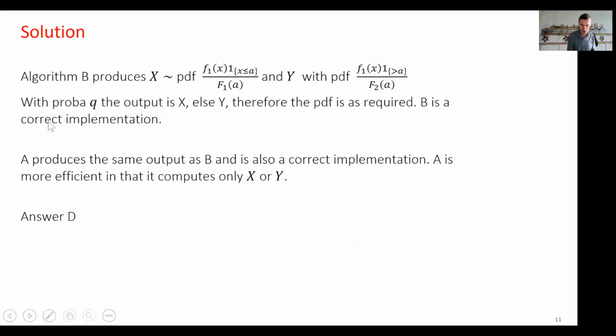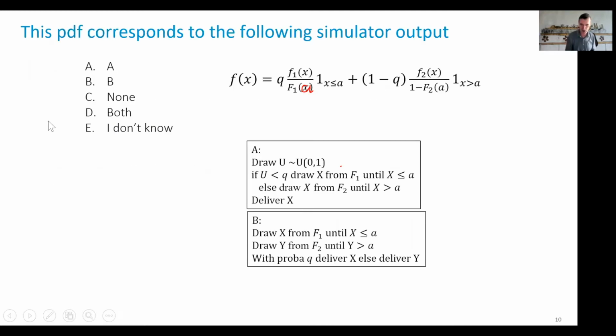Incidentally, algorithm A, let's look at this algorithm. So A draws X until F, which provides exactly this PDF, etc. A does something similar, but first draws U. So it decides whether I should use the first branch or the second. So of course, it produces exactly the same output.